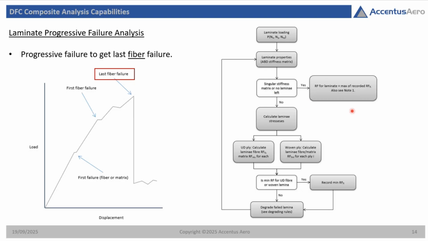Then we have a look at the RFs that we've recorded for the previous steps, and the maximum of those RFs gives us the last fiber failure RF for the laminate. So in other words, that's when gross laminate failure will occur.